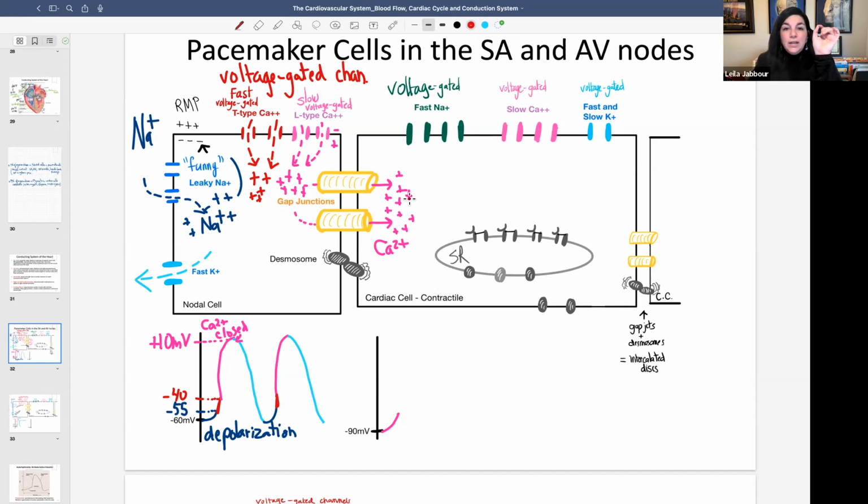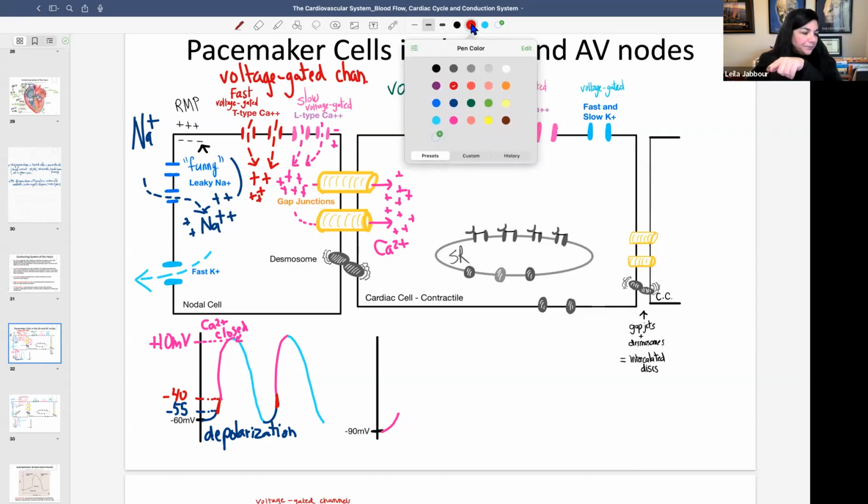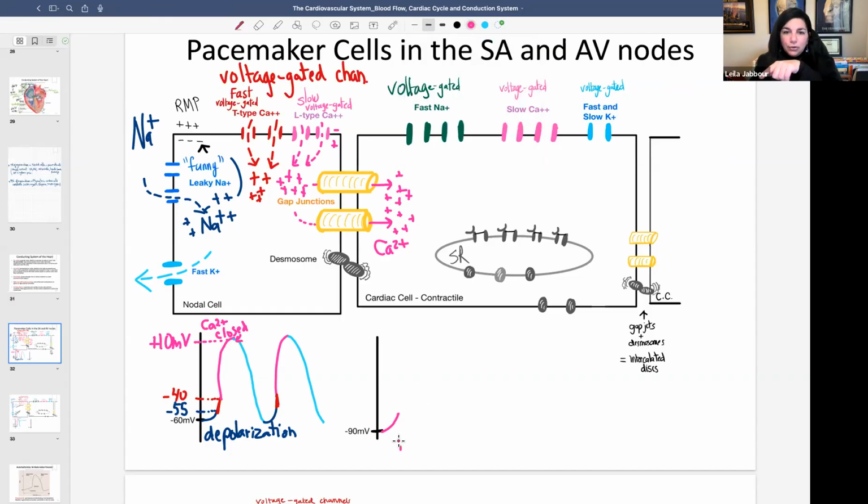Okay, so these ions moving into the cardiac cells are creating a depolarization in the cardiac cell, and that's the first depolarization I drew over here in pink. So this is your calcium coming in.